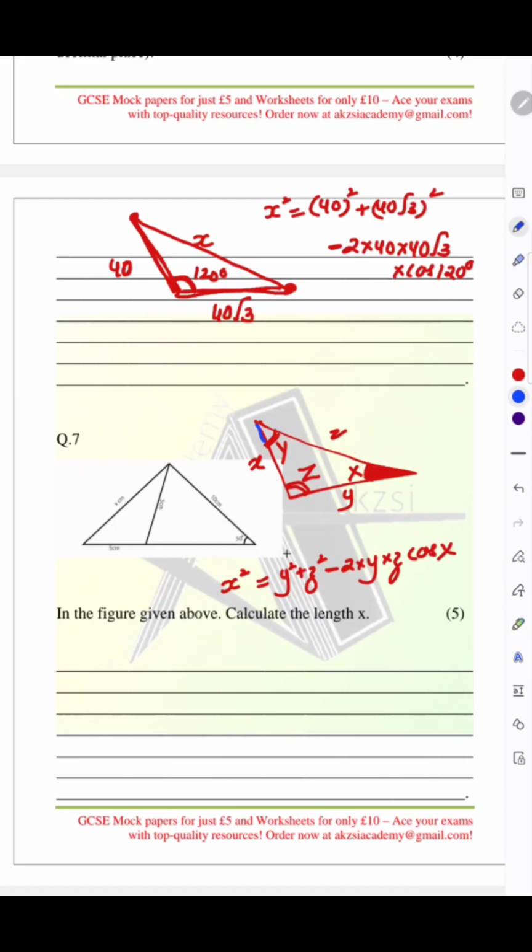Similarly, if angle Y is given, then I'll start with the opposite side of angle Y, which is small y.